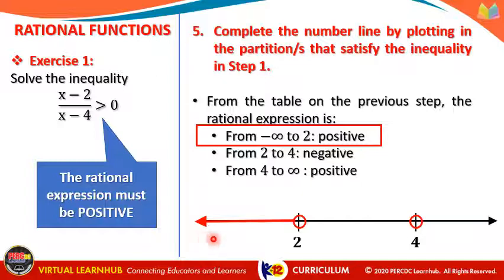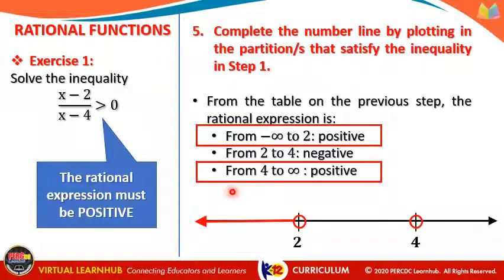However, aside from this, pwede rin yung partition na mula 4 to positive infinity. Positive din kasi yon, so kasama din ang partition na ito sa solution. Alright? So, ano ngayon ang gagawin naman natin? Mag-plot tayo from 4 to infinity, 4 pataas.